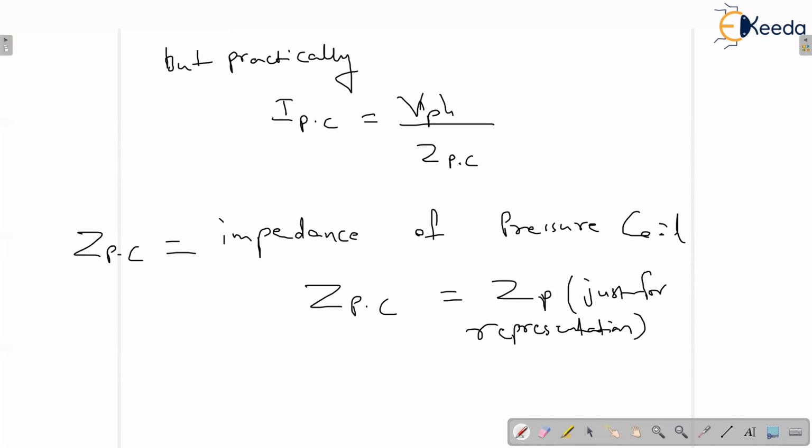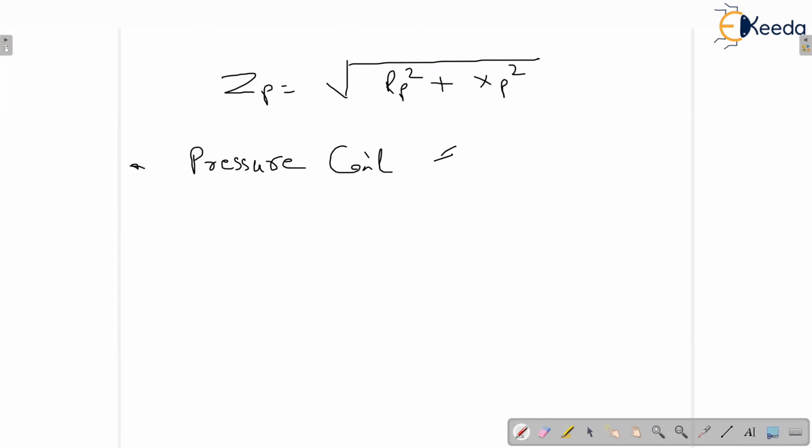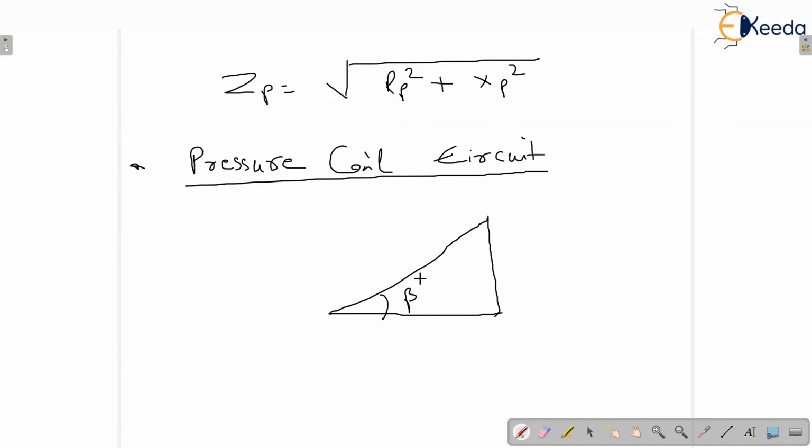So ZP is equal to root of RP square plus XP square. I can have the pressure coil circuit like this. The pressure coil circuit has ZP, XP, RP, with angle beta.